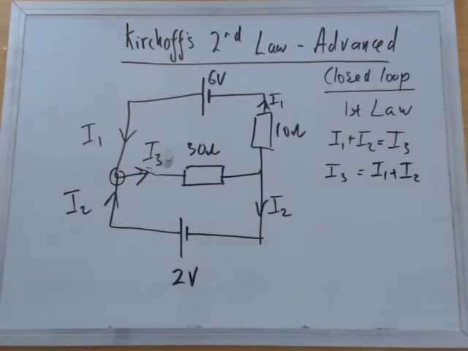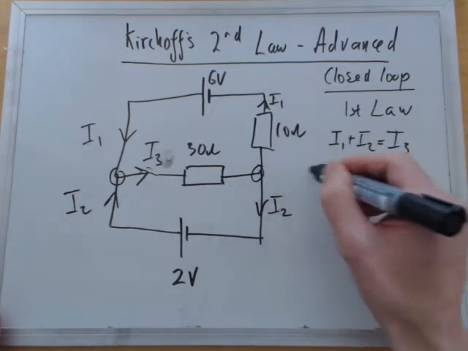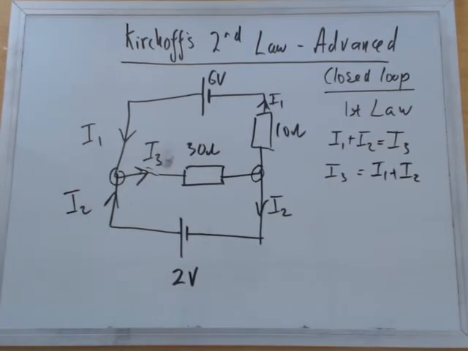So that's reassuring. Now we've drawn our currents going in the correct direction at those two junctions. That one applies to there, and that one applies to there. So that's the first law here. That's one set of equations.